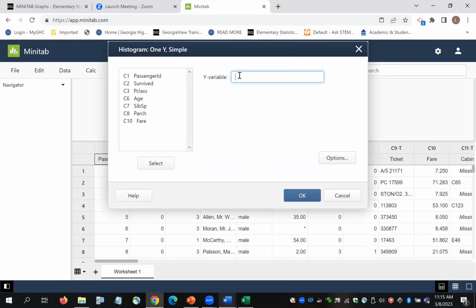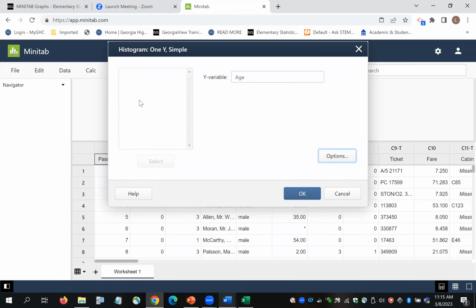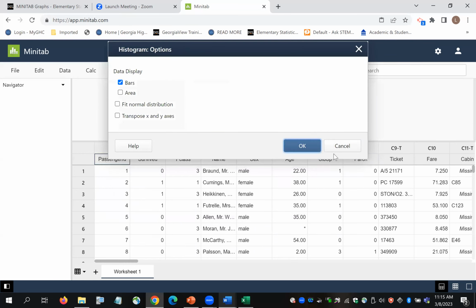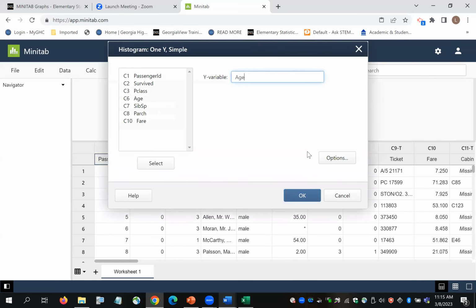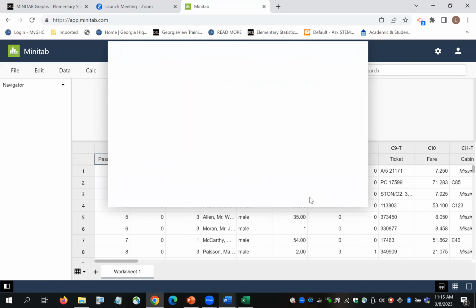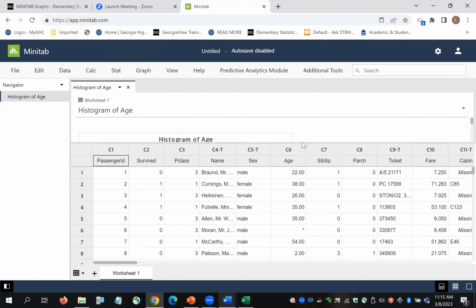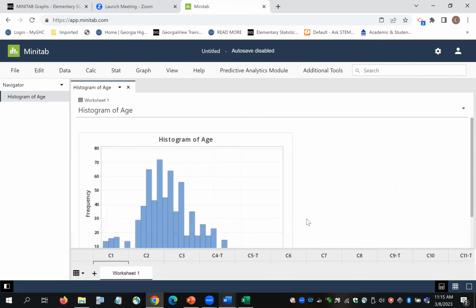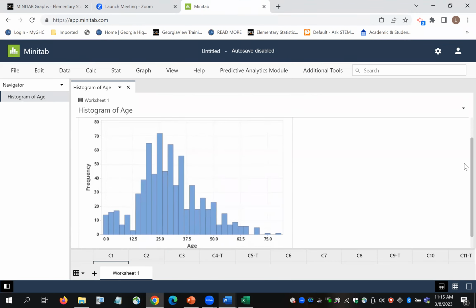Then I have to choose my Y variable. We chose age. Let me check options. I don't think we need anything under options. Nope, we don't. Once you choose your variable, you click OK. And again, in the top half of the screen, Minitab creates the histogram.